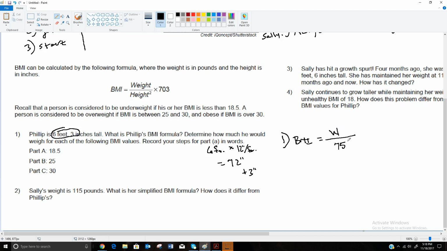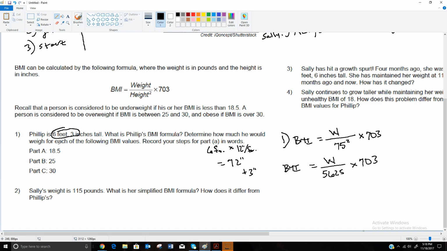So his weight divided by his 75 inches squared multiplied by 703. That would be his weight divided by 75 squared, which is 5,625, times 703. We could get a single number for this by taking 703 and dividing it by 5625, but I'm going to leave it this way.